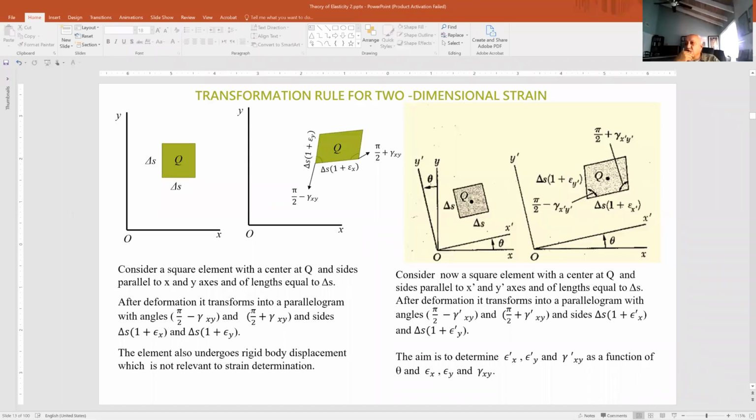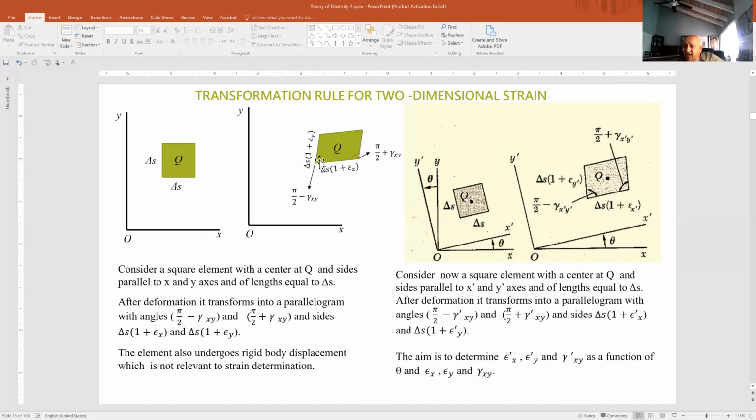One thing I would like to show is the rule of transformation for the strain. Assume I have a rectangular shape of the length delta S in either case, and the load is applied, and the length in horizontal direction changes to delta S (1 + epsilon x), where epsilon x is strain in x direction, and the vertical length would change to delta S (1 + epsilon y), where epsilon y is the strain in y direction.